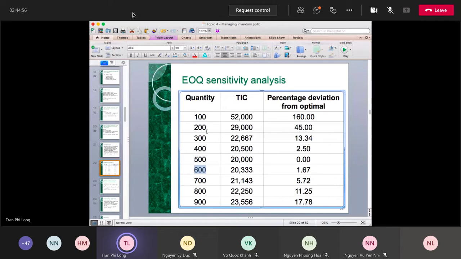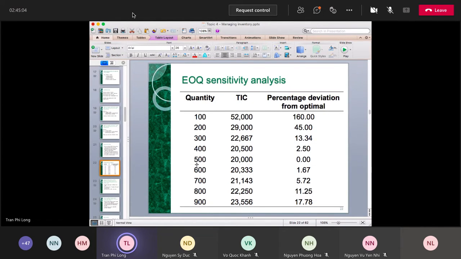However, the further the quantity you order from the optimal point, the higher the total inventory cost, and the percentage deviation will be significant.